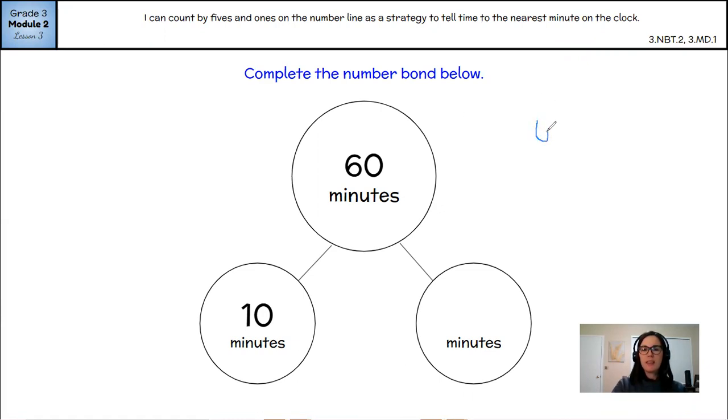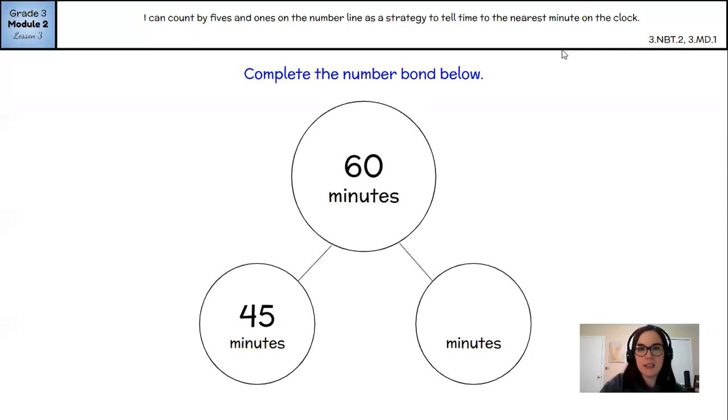So I could think 60 minus 10 equals, I do my ones place first, 0, 6 minus 1, 50. So this would be 50 minutes because 50 and 10 makes 60.